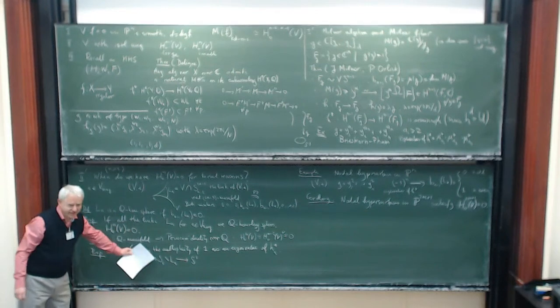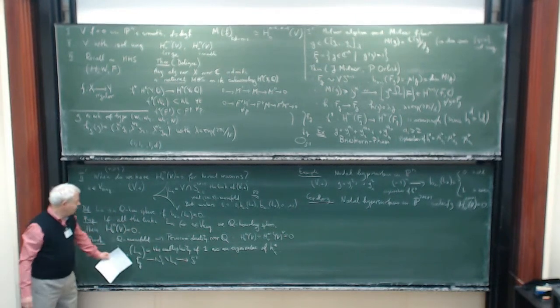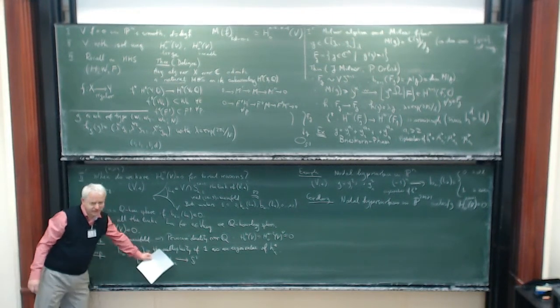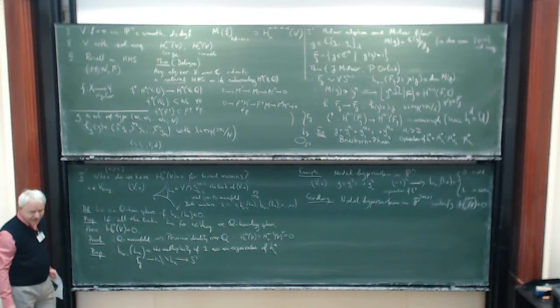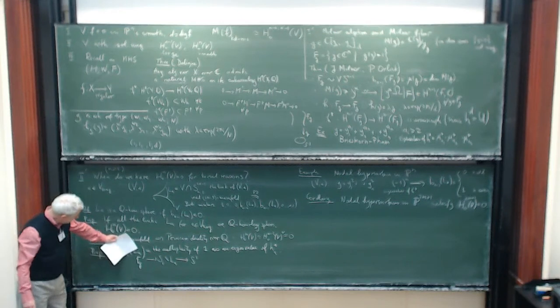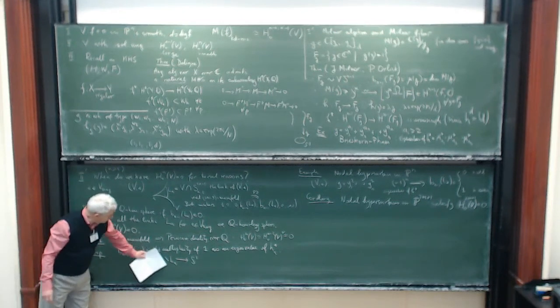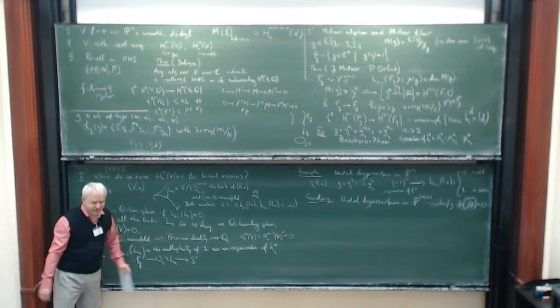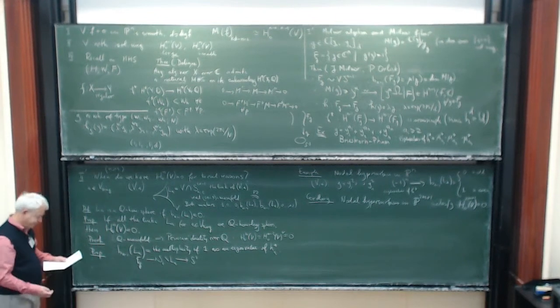If you write the exact sequence of such a fibration, then you get the result using some duality, because the Betti numbers of this are the same as the Betti numbers of this, using some Alexander duality.